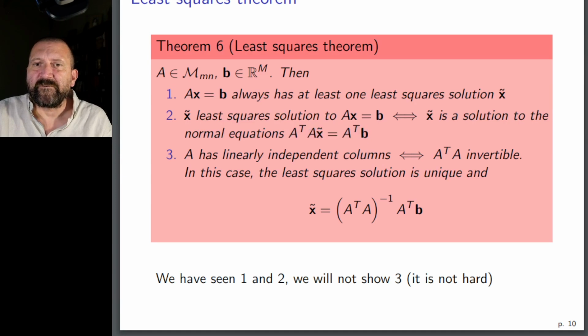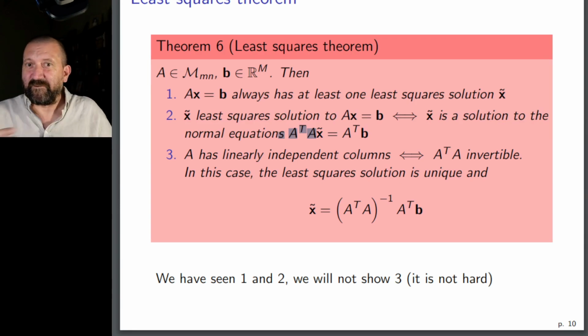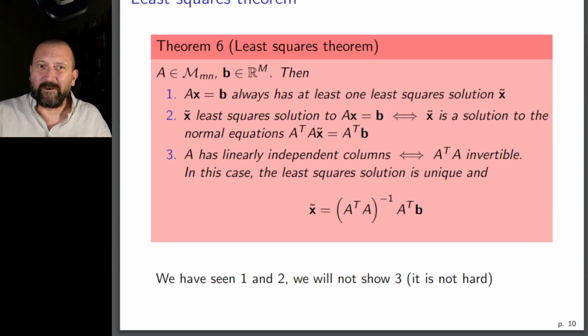If that matrix on the left of X tilde is invertible, I can multiply on the left on both sides of this equation by A transpose A inverse. Multiplying on the left by A transpose A inverse the matrix A transpose A just gives the identity. So on the left we get X tilde only remaining, and on the right we get this term here. So this is simply solving a linear system when you have an invertible matrix, which it is because of the assumption here.